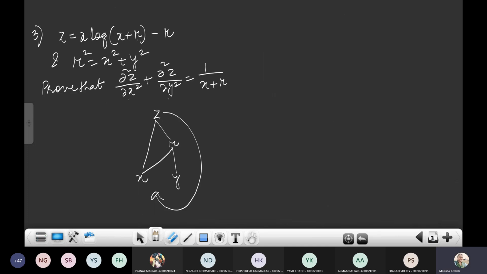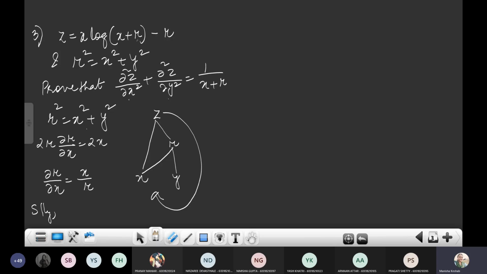So before we start, we will first find del r del x and del r del y. Differentiating with respect to x, we'll get 2r del r del x is equal to 2x. Therefore del r del x is equal to x by r. Similarly, because it is symmetric, we can write del r del y is equal to y by r.